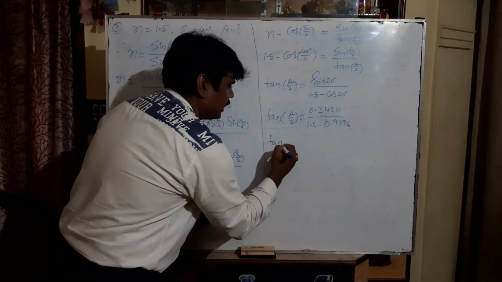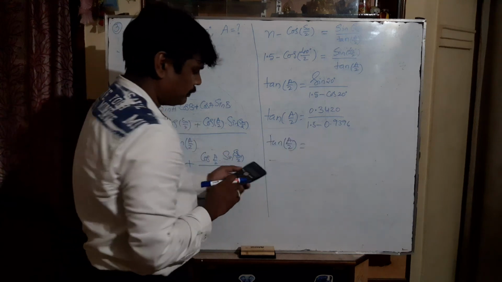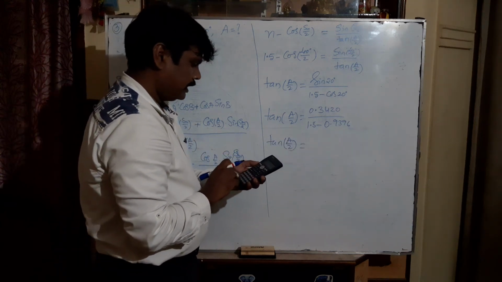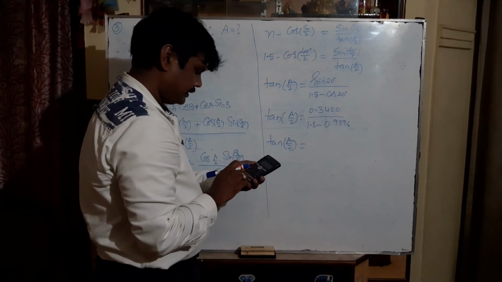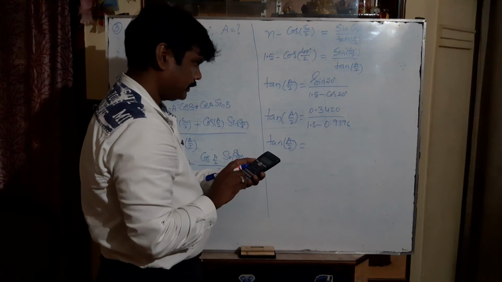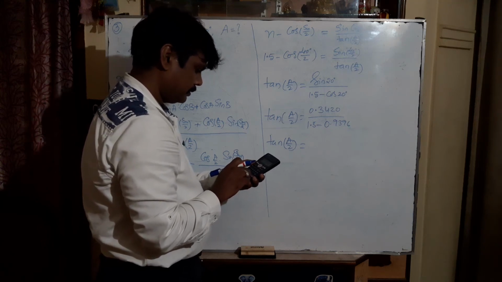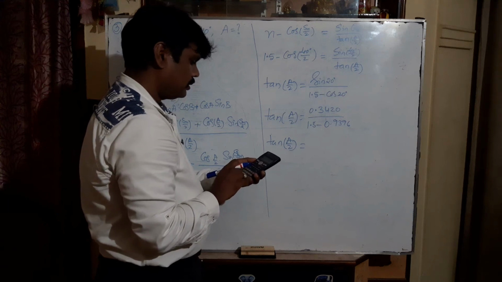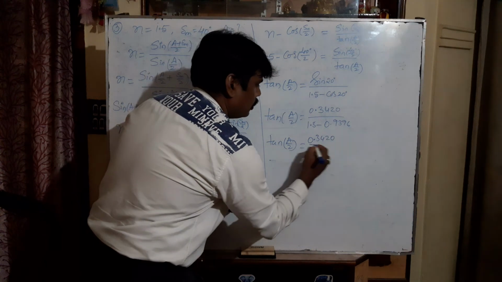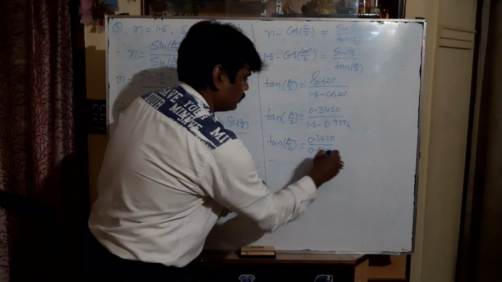We'll get tan of A by 2 is equal to, so first you have to subtract this value. 1.5 is subtracted by 0.9396. I am getting here 0.3420 whole divided by, here it is 0.5604.